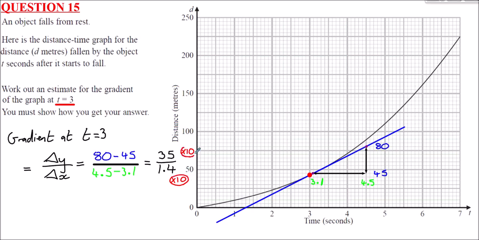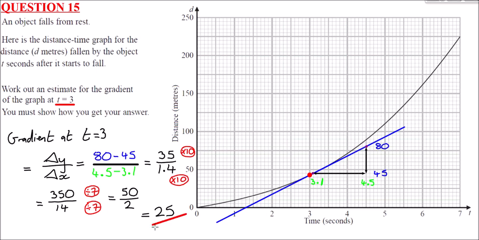So in my case, times them by 10, that gives me 350 all over 14. Because these are in the 7 times table, I can then divide both bits by 7. So 350 divided by 7 gives 50. 14 divided by 7 gives 2. And 50 over 2 gives 25.